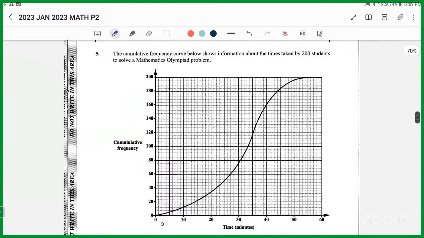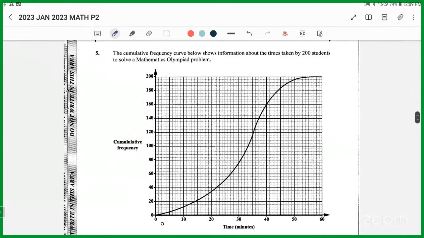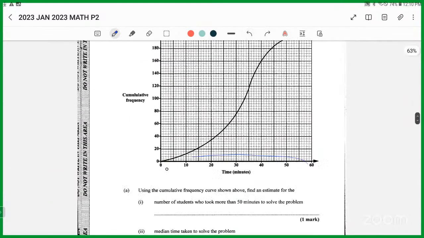Statistics. Cumulative frequency curve. All right, the cumulative frequency curve below shows information about the time taken by 200 students to solve a math Olympiad problem. So these are the 200 students up here. They only represent the time. Remember, the ones who took the shortest time to complete the problem are the ones down here.